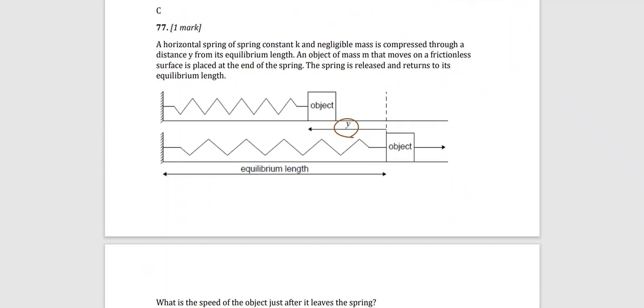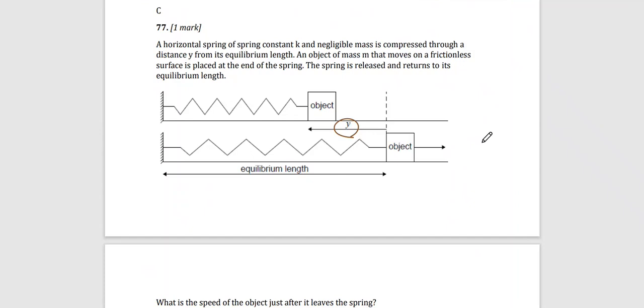An object of mass m that moves on a frictionless surface is placed at the end of the spring. The spring is released and returns to its equilibrium length, so the spring starts to vibrate back and forth. I need to find the speed of the object just after it leaves the spring.